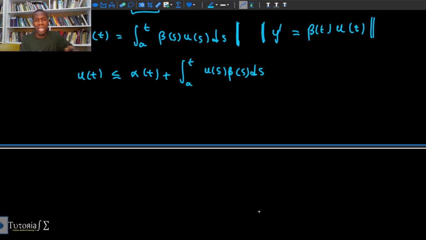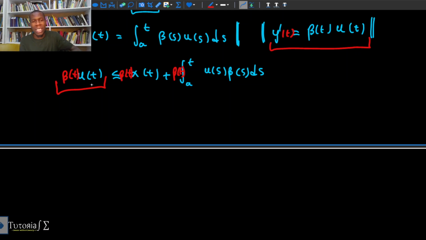Okay, so this is mostly what we're going to use from here. One thing you observe is that when you multiply throughout by beta of t, this part is just y prime of t, because y prime of t is equal to beta of t u of t.